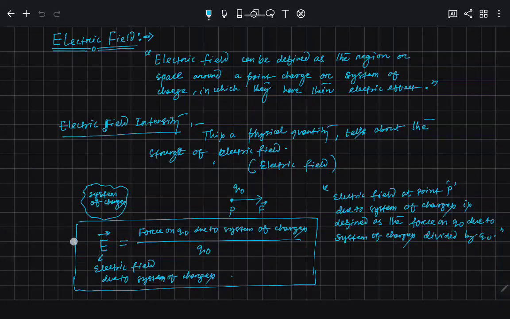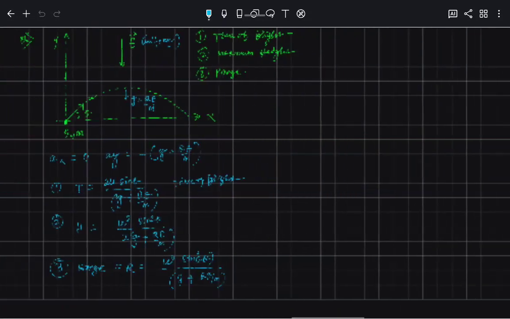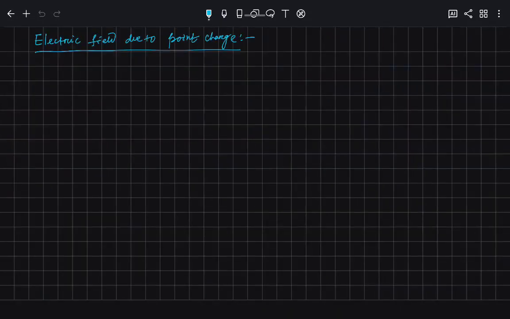Like this electric field I defined here, I told the force on Q naught due to system of charges. Here I put force on Q naught due to a point charge. Clear? So instead of putting system of charges, I put a point charge Q. And at some distance, let's say I take a point P, here I put Q naught charge.